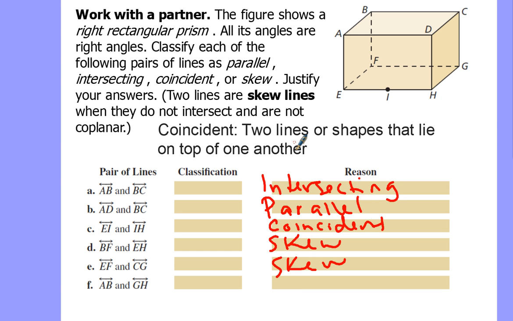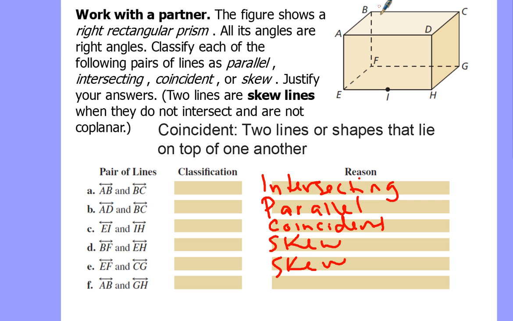And then let's take a look here at AB and GH. One might immediately think that these are skew lines, but be careful. If you remember correctly, from our discussion of the three-point postulate, it says that through any three non-collinear points exists exactly one plane.